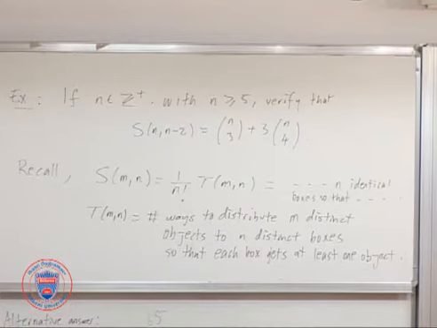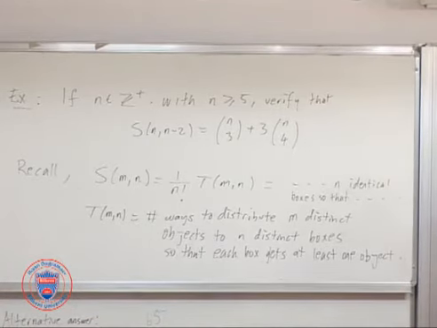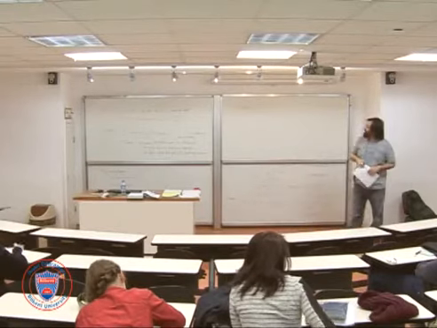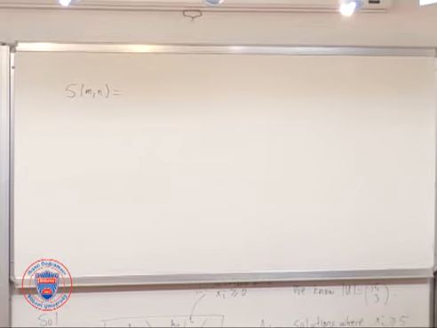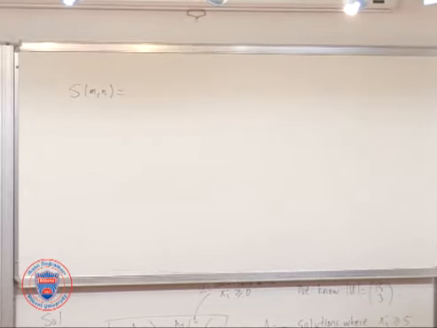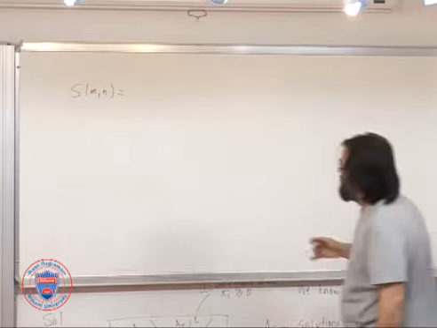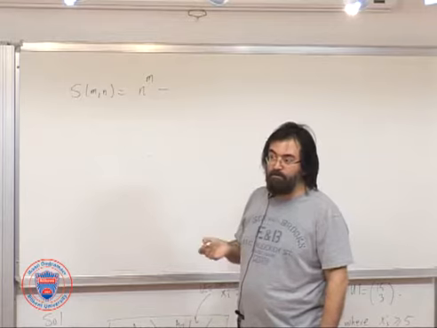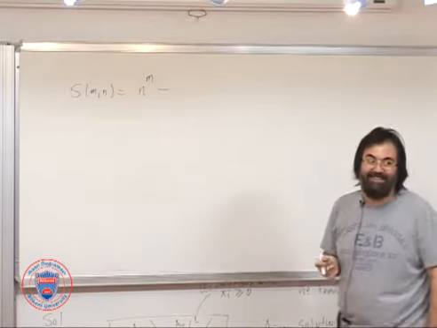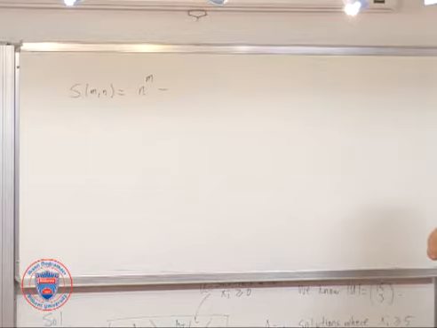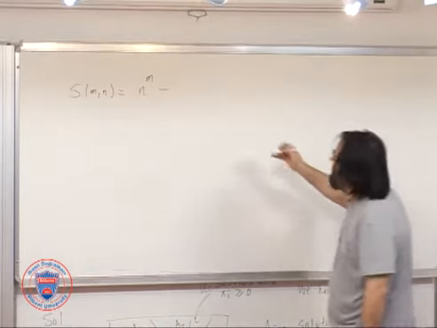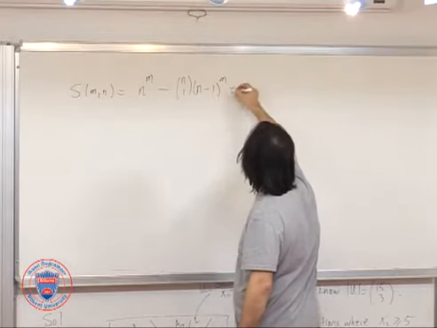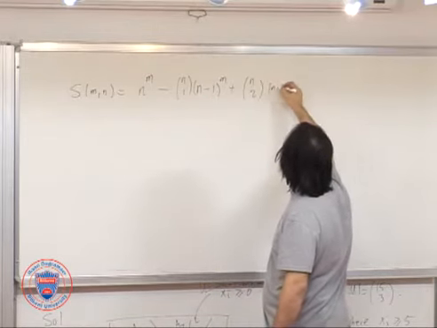We developed a formula last time. If you remember, for S(m,n), we had a formula by the inclusion-exclusion principle. Anybody remember the formula? It looked like this: n to the power m minus n choose 1 times (n minus 1) to the power m, plus n choose 2 times (n minus 2) to the power m, and so on.